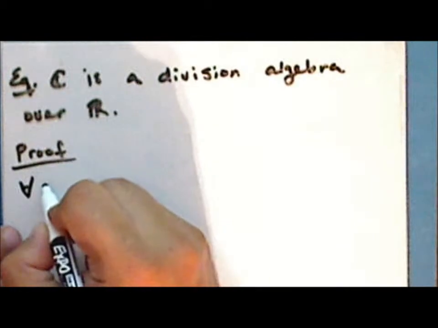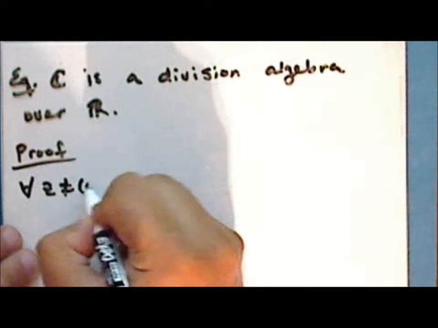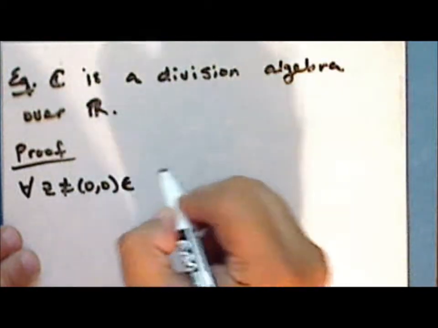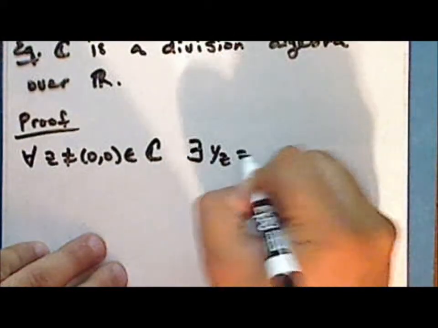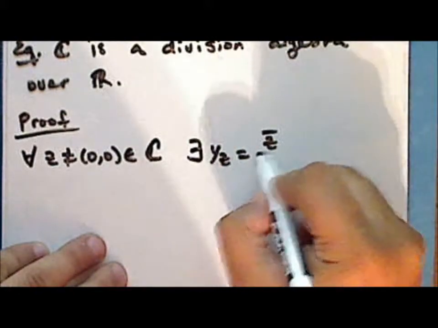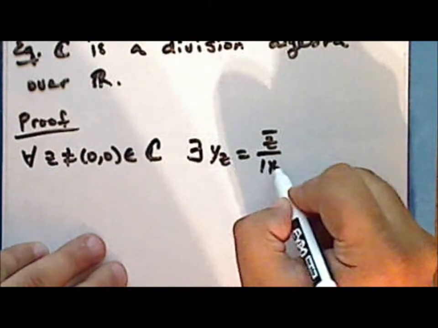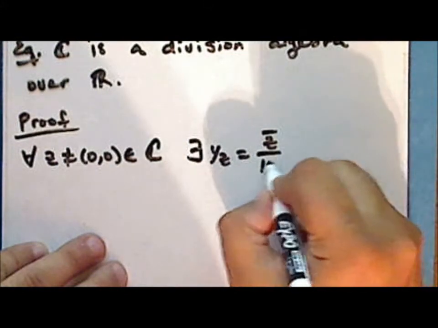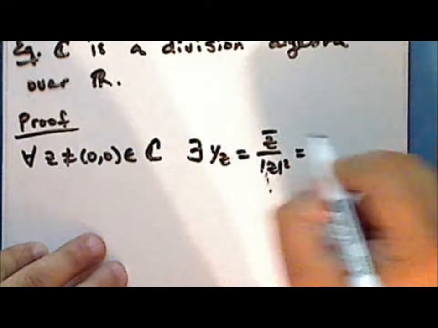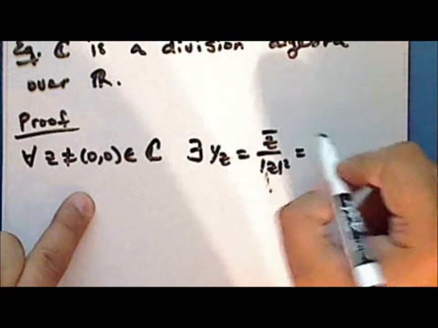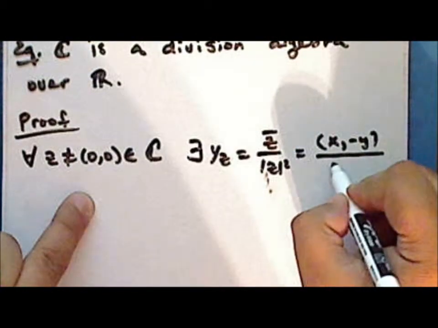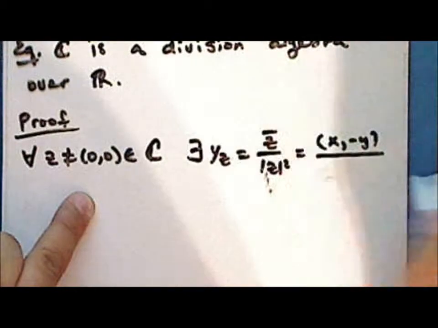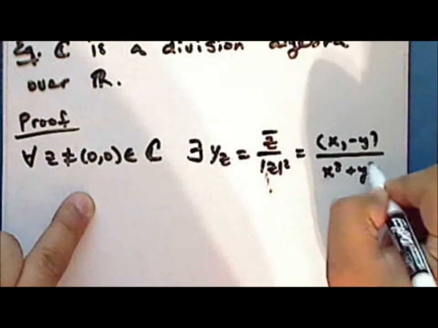Now for every non-zero complex number, there exists the multiplicative inverse, which is the conjugate of the complex number z over the square of the modulus of that complex number, where the conjugate is the ordered pair x, negative y, over the square of the modulus, which is x squared plus y squared.